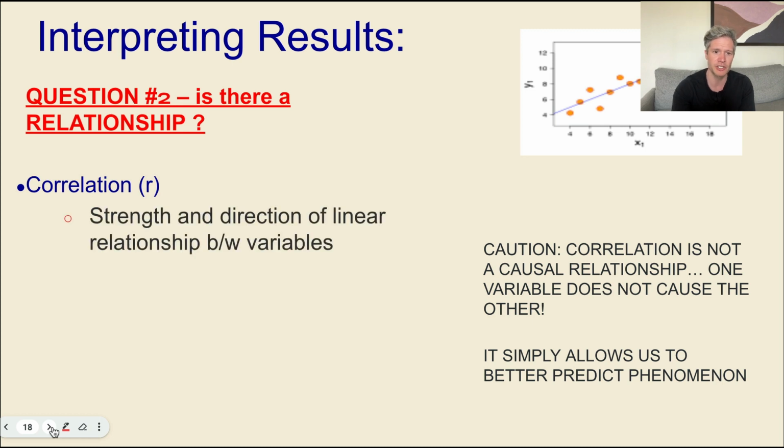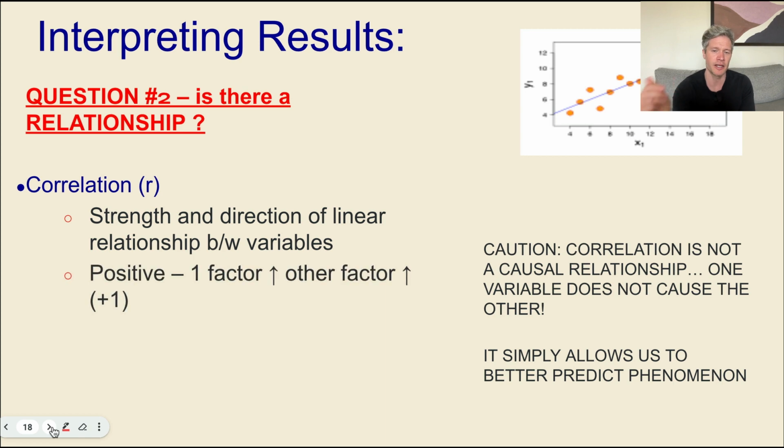So we look at the direction of the correlation and that number value that I mentioned. For example, if we have a positive, a plus sign value, we're saying that as one factor, x, goes up, y goes up. We'd see something like what's demonstrated in this graph here.